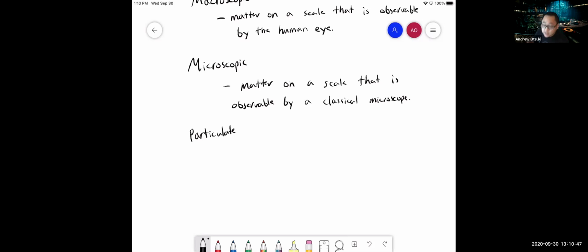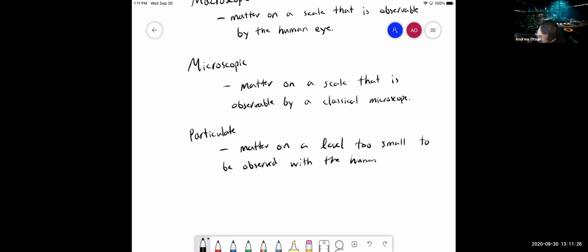So a particulate is basically matter on a level too small to be observed by a human, matter on a level too small to be observed with the human eye or microscope.